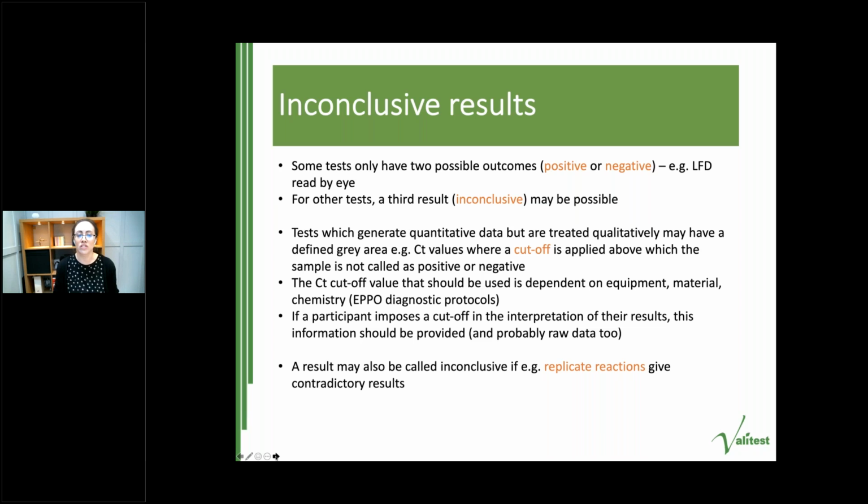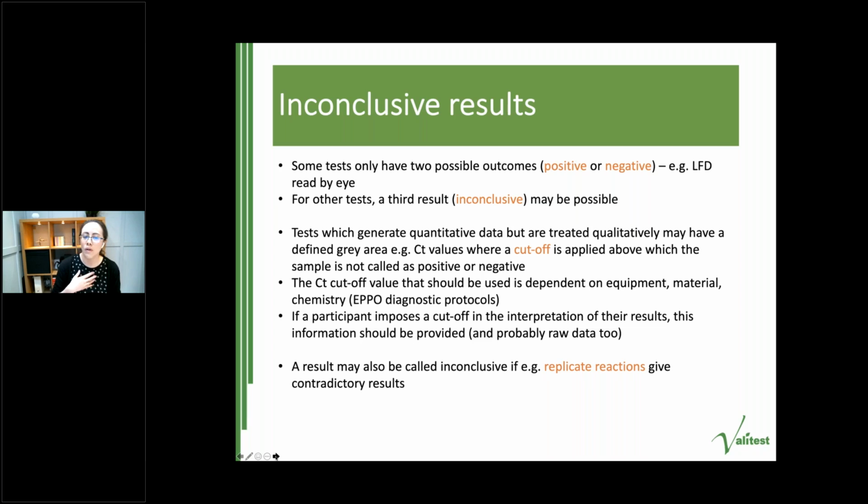The test is either positive or negative. But for perhaps the majority of tests, a third result is possible, and we can call that inconclusive. So where we've failed to call the sample as definitively positive, and we failed to call it definitively negative.